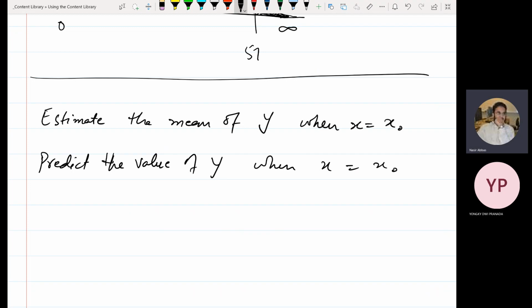These are the two things we did in chapter 2. And we observed what? The point estimates are the same, but the interval estimates are different.